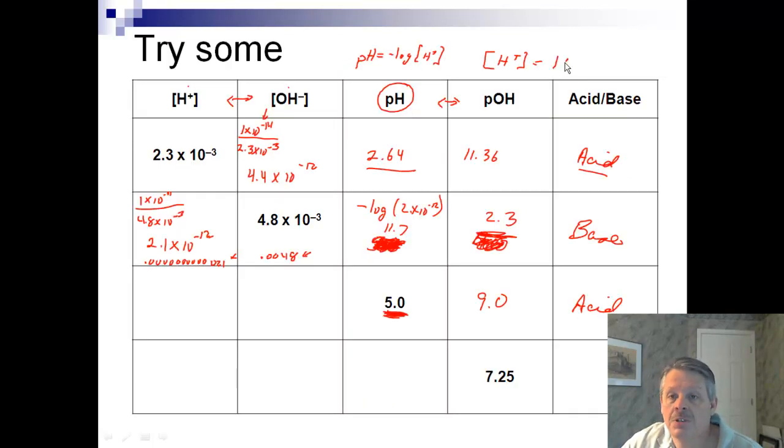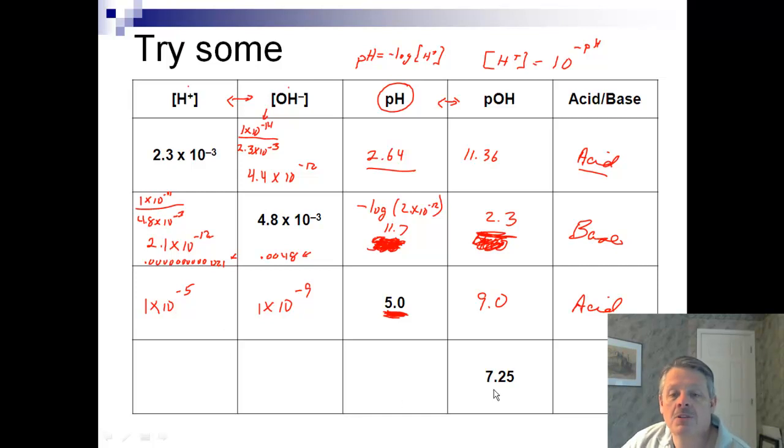So that's going to be 10 to the minus 5, which is simply 1 times 10 to the minus 5. Well, that means this has to be 1 times 10 to the minus 9. Same reason, or you can say they multiply together to make 1 times 10 to the minus 14th. Either one. All right, so that one was really easy.